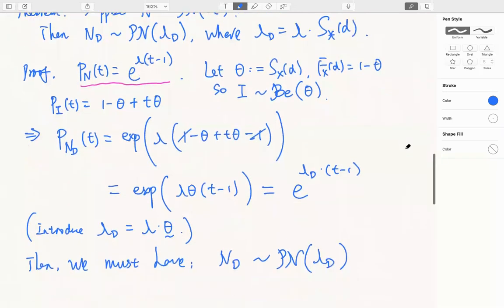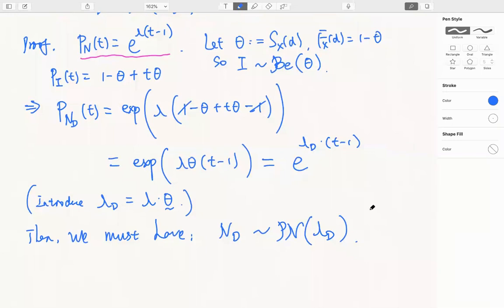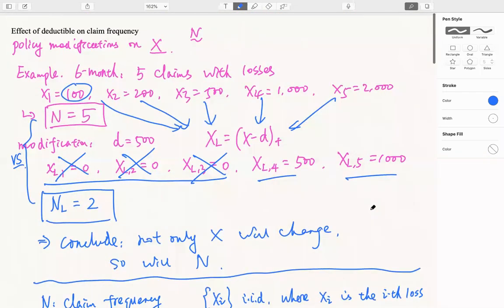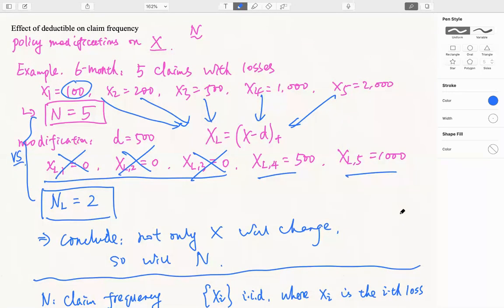So basically, how do we interpret this result? We can go back to the first example I gave you. Here, let's assume we have a Poisson modeling for N, and we have some distribution for X, which I don't care about. All I want to know is, on average, how many claims will be bigger than D. I want to know the proportion of it. I don't care about the actual size. That is not our concern here. I only want to know what would be the new count of the payment events.